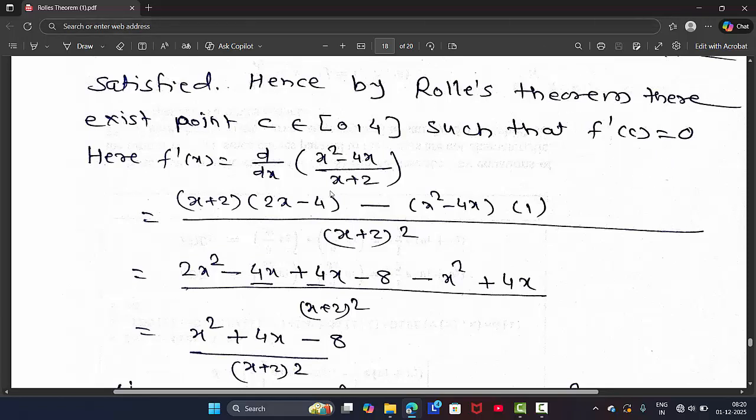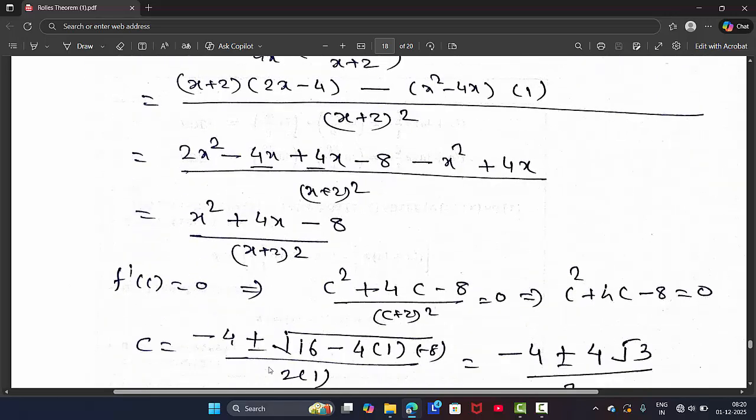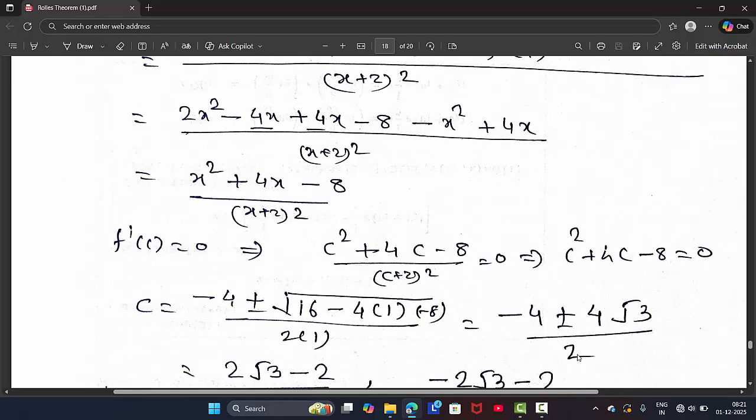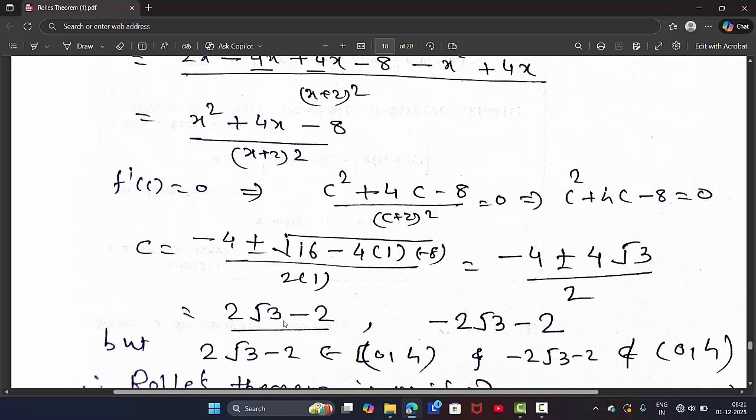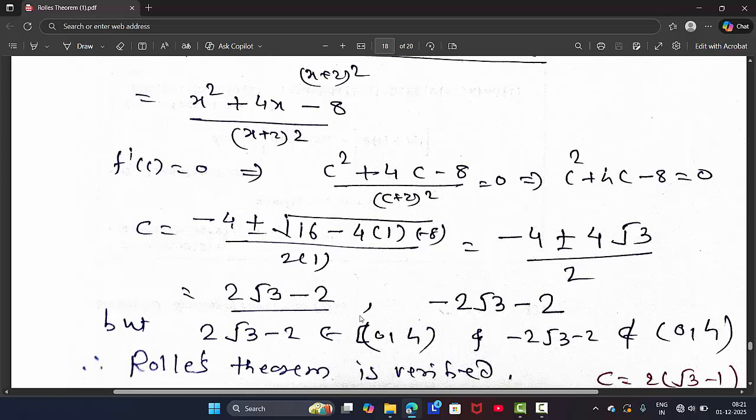f dash x. We shall try to find the derivative of (x square plus 4x) divided by (x plus 2) by using the u by v rule. It becomes (x square plus 4x minus 8) divided by (x plus 2) square. And if we put this value in f dash c equal to 0, we will get c equal to (minus 4 plus or minus 4 root 3) divided by 2, which is nothing but 2 root 3 minus 2 and minus 2 root 3 minus 2.